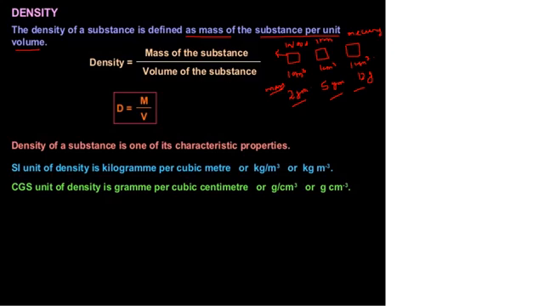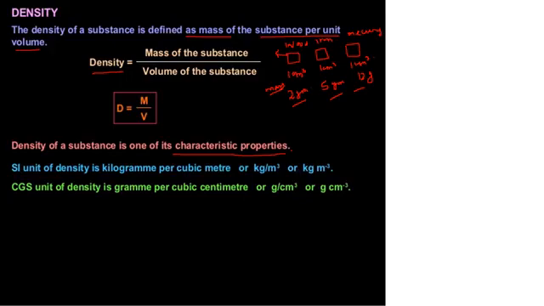Density is the mass of a substance per unit volume of the substance, right? Density of a substance is one of its characteristic properties. Every substance has its unique density. On the basis of the density, you can identify a particular substance.